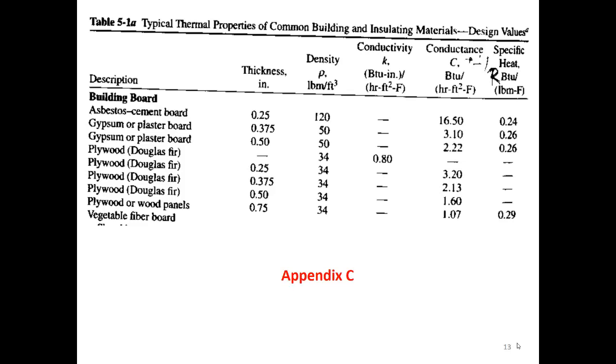So we need to know the thermal conductivity, the conductance, or the U value for walls, for roofs, for windows, for doors, and that's what you will find in Appendix C.